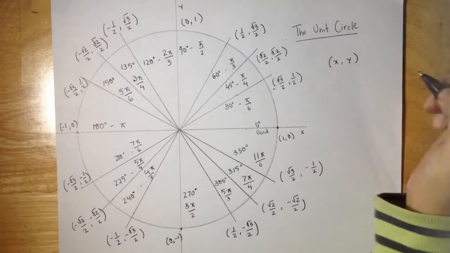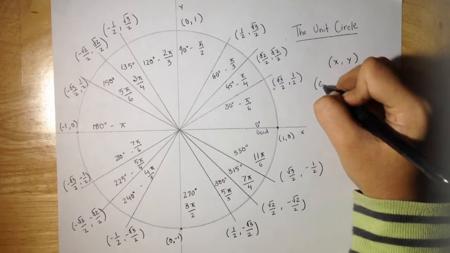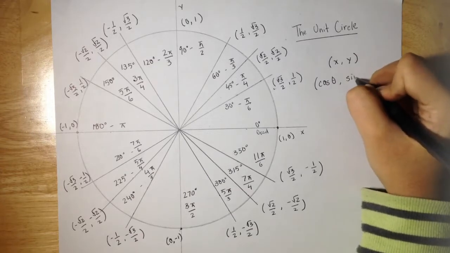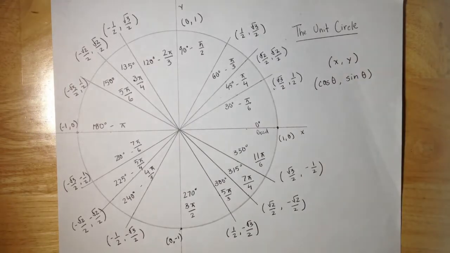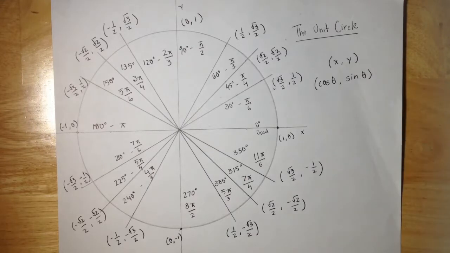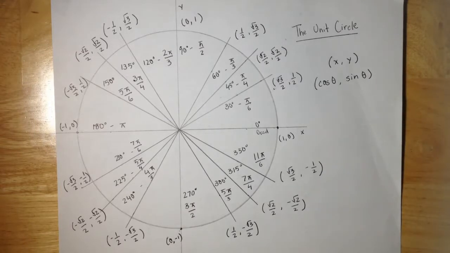And how is that? The xy in the ordered pair translates to cosine theta, sine theta. So wherever you see a question asking for cosine of theta, you know that it's asking for the x-coordinate. And when it's asking for sine of theta, you know it's asking for the y-coordinate.